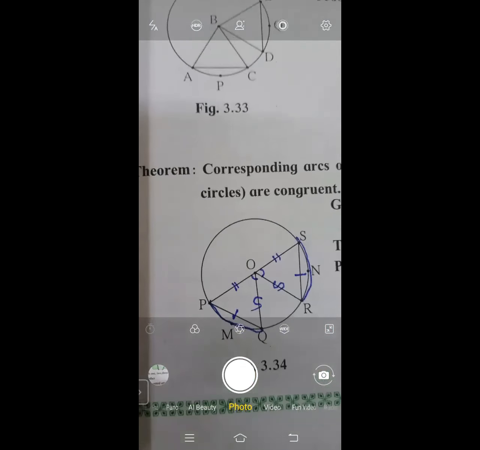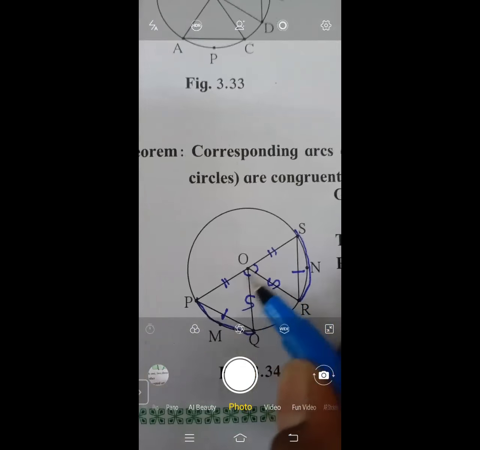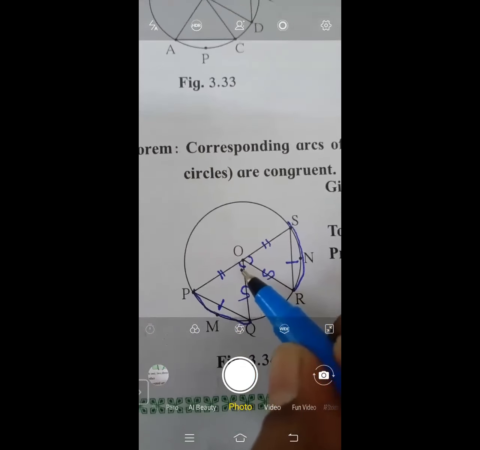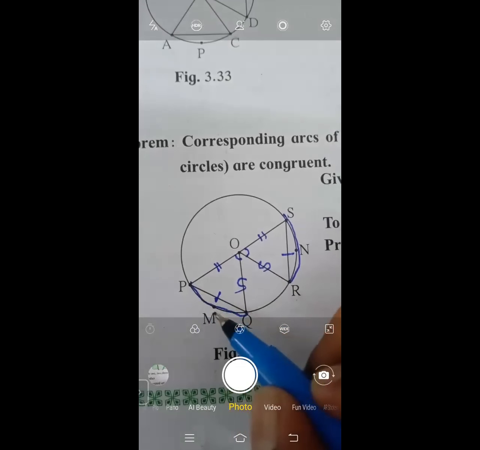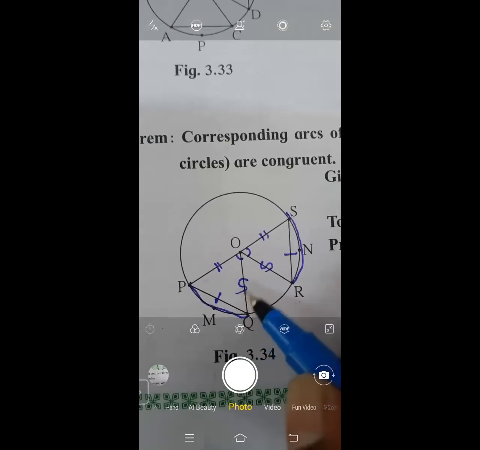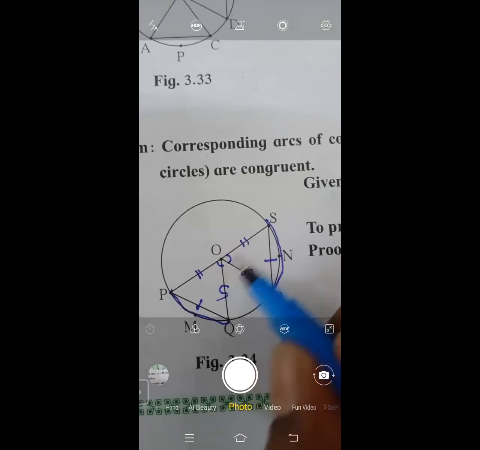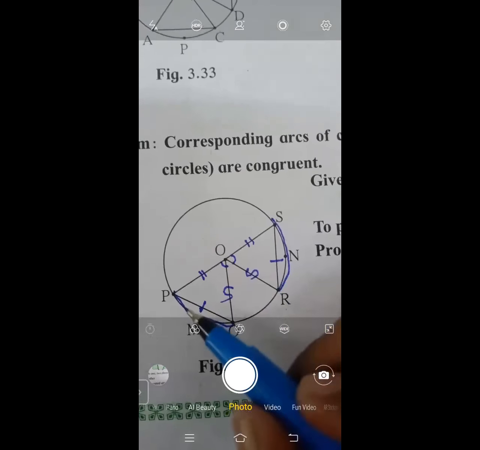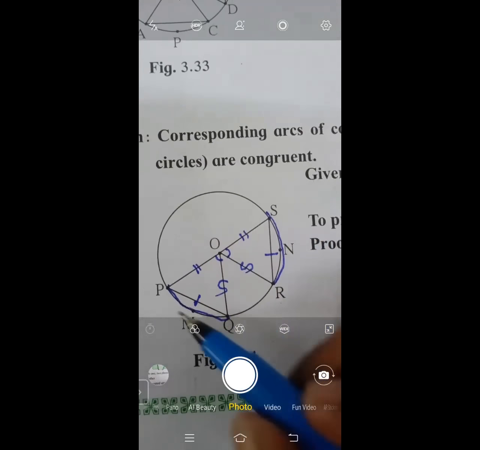Now as these central angles are congruent, we know that whatever is the measure of the central angle, the same is the measure of the corresponding arc. So as these two angles are congruent, the corresponding arcs become congruent. And here we have stated our proof.